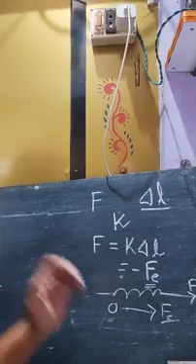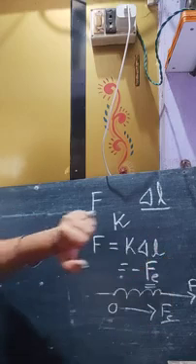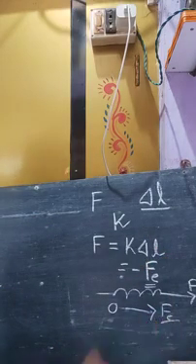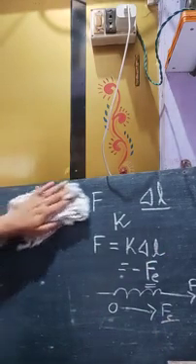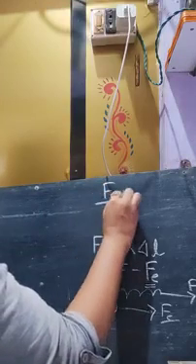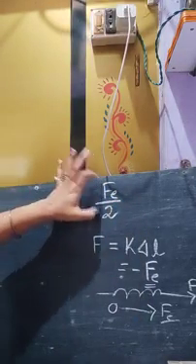So at the time of extension of the length of the spring, the average of this Fe is considered as Fe by 2. Okay. So what is this Fe by 2?